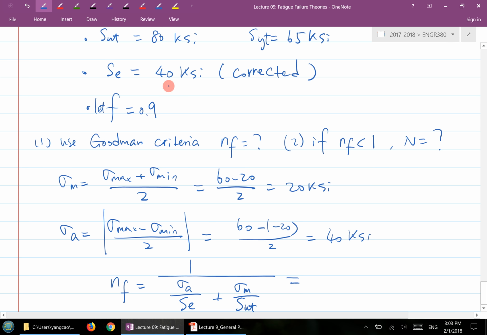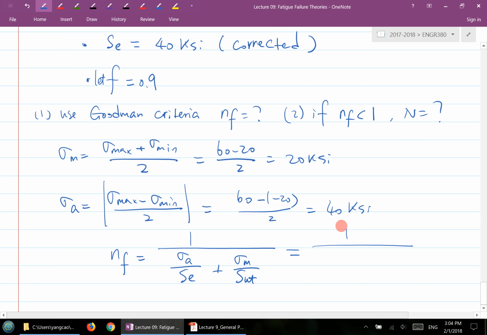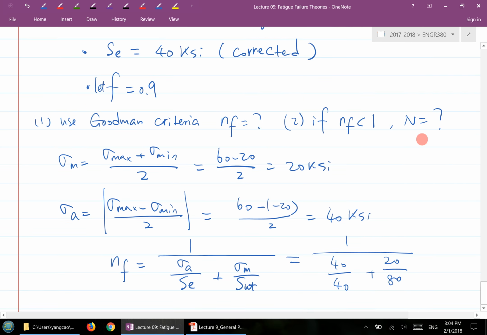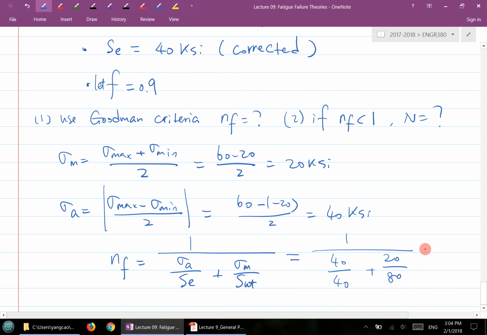So that's 40 over 40 plus 20 over 80, and this gives me exactly 0.8.